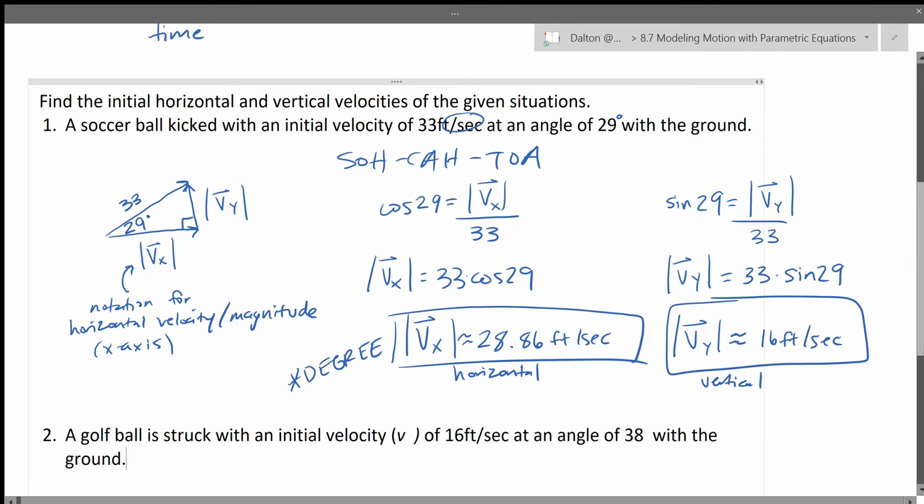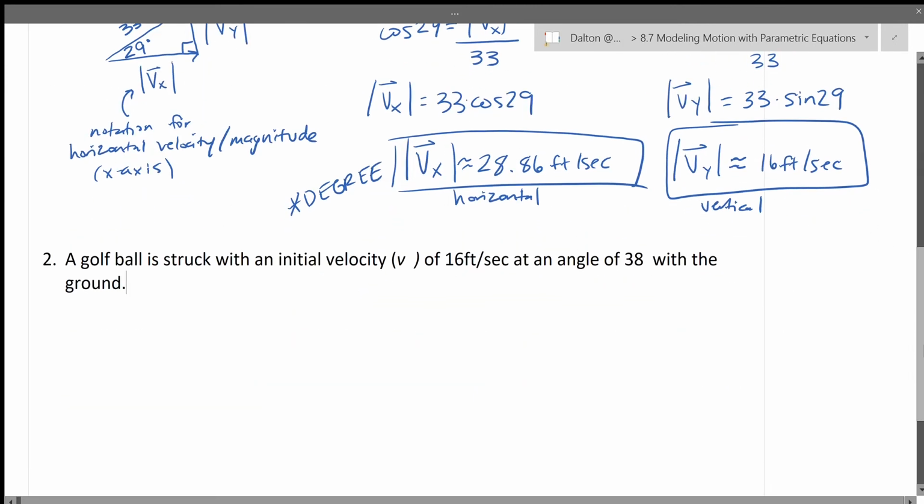So again, I want you to find the initial horizontal and vertical. So initial velocity might be written as v sub 0, 38 degrees. So you're going to do the same thing, and the quote-unquote formula is the same every time, so you might get pretty quick with not having to draw a picture and knowing the numbers that are going to go where.